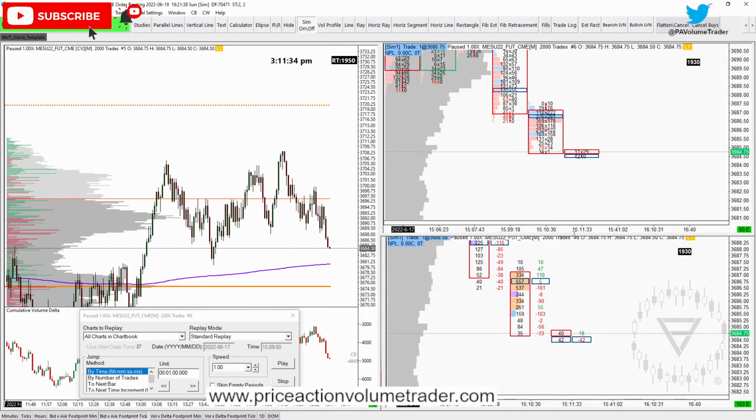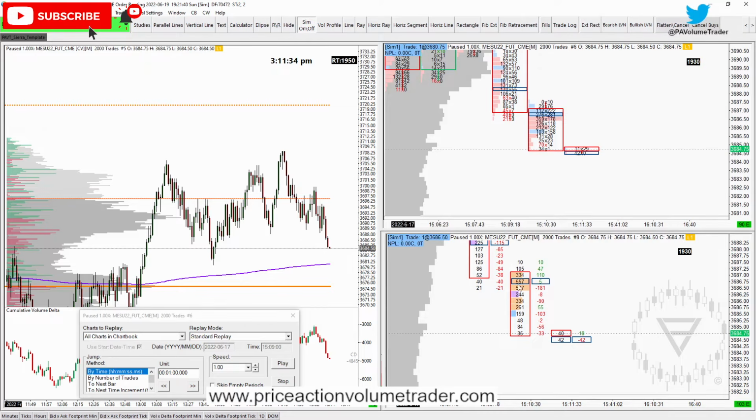This is a footprint chart, but instead of a bid and an ask, what I have here is volume on the left and delta on the right. So I have simply the total number of contracts that were traded at these levels, either to buy or to sell, and then the delta on the right side, which is the outcome of whether buyers or sellers won.